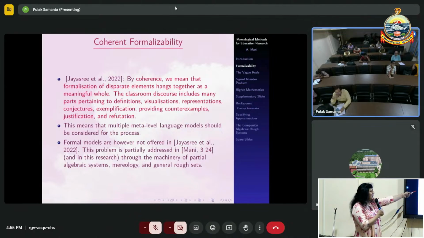So this means that multiple meta-level language models should be considered for the process. We don't find formal models in that paper, and this problem is partly addressed in some of my earlier papers, and through the machinery of partial algebraic systems, mereology, and general subsets.